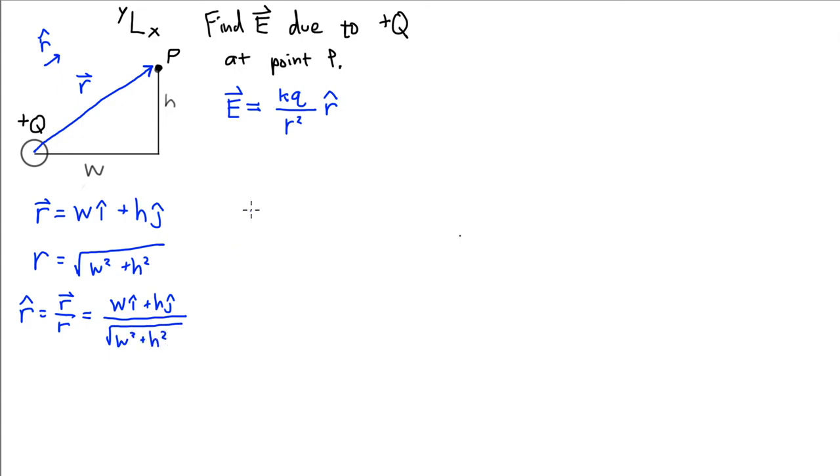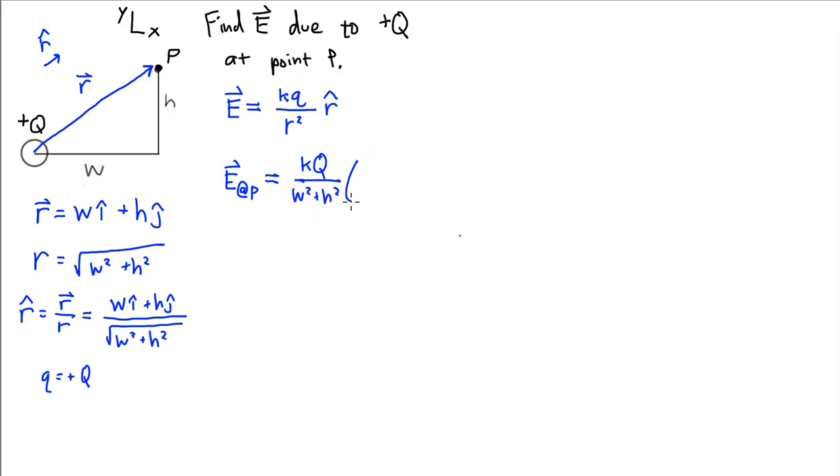So, there you go. Now you just plug this stuff in, right? And little q in this case is plus big Q. So now the electric field at P is K times our big positive Q over R squared, our plain scalar R magnitude, so W squared plus H squared.